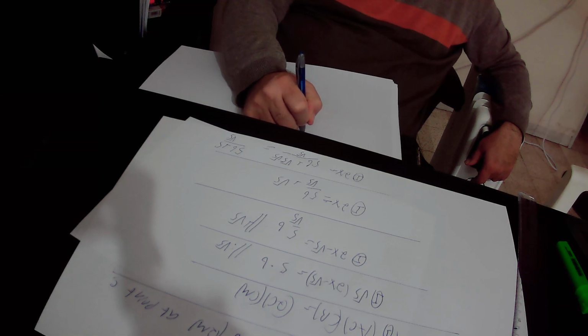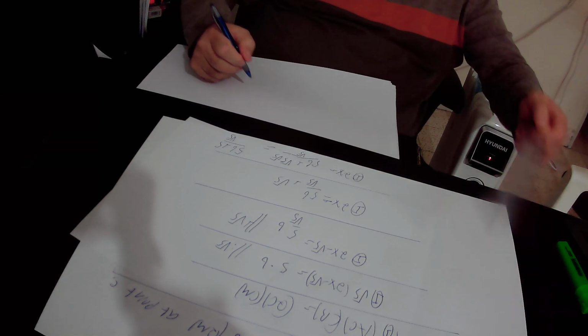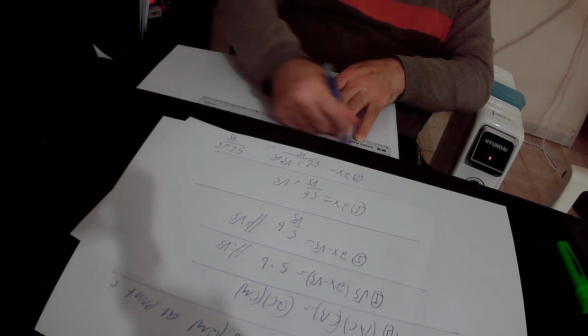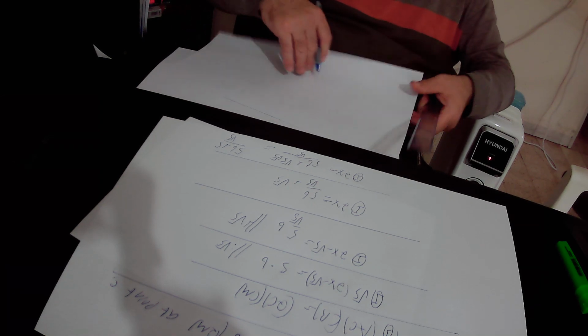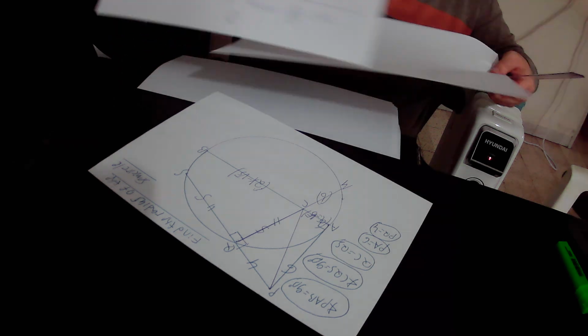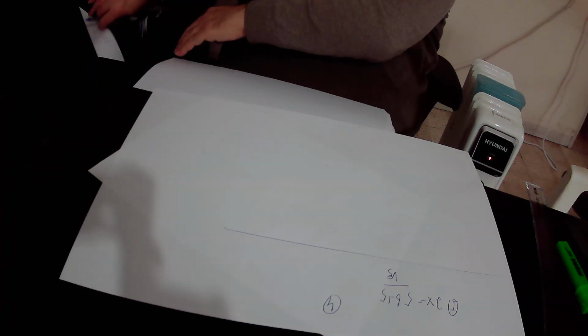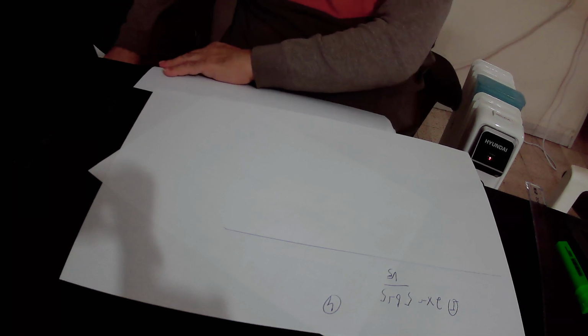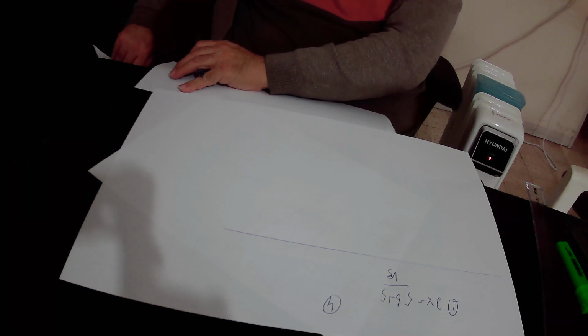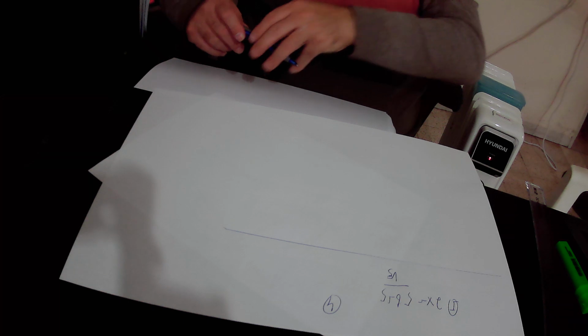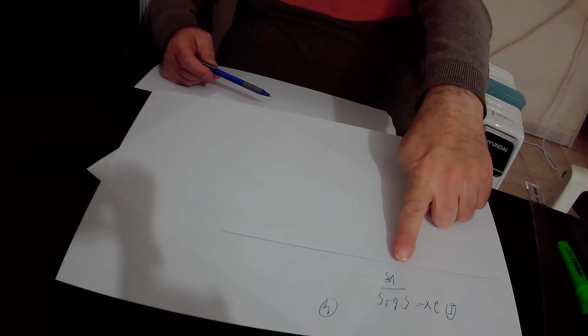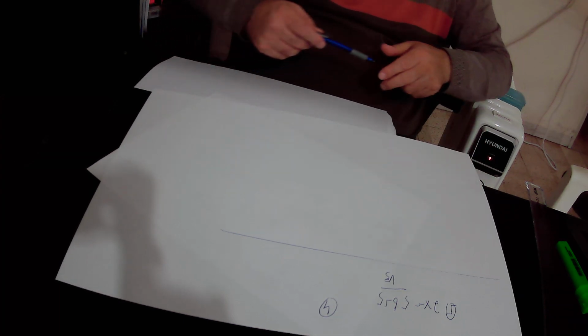I repeat again. According to equation number 1, we found out that 2x equals 5b plus 5 over square root of 5.